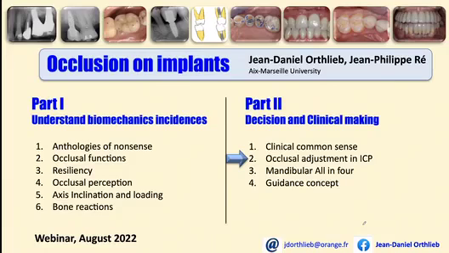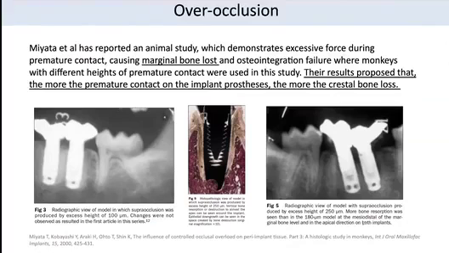What happens with a crown on an implant? When you create another occlusion, supra-occlusion, over-occlusion, that means the crown is too high, you obtain bone loss. You can obtain it, not in all studies, because nothing is simple in biology.